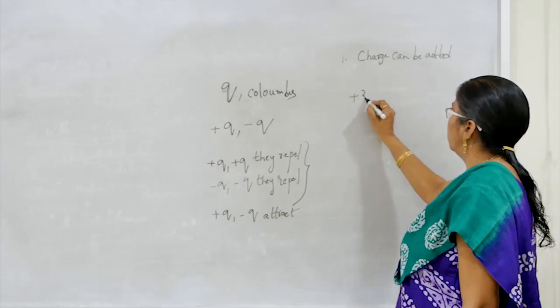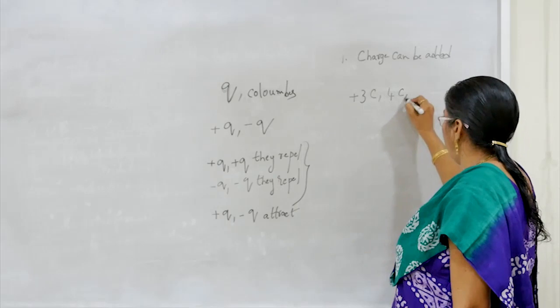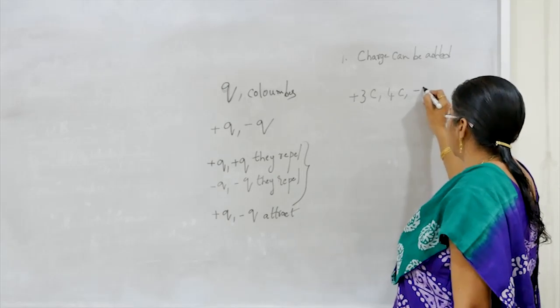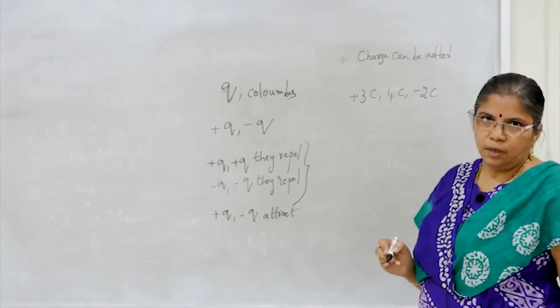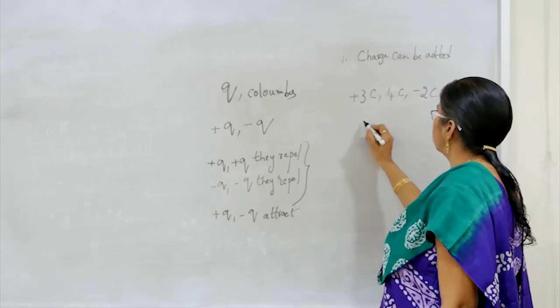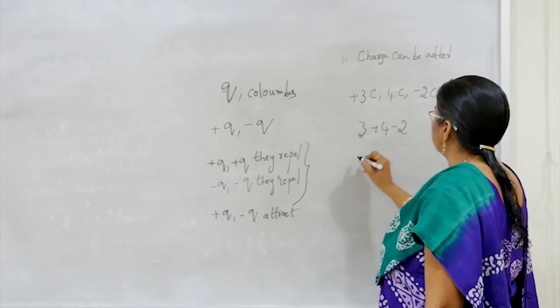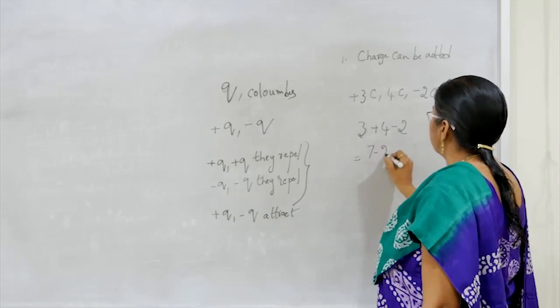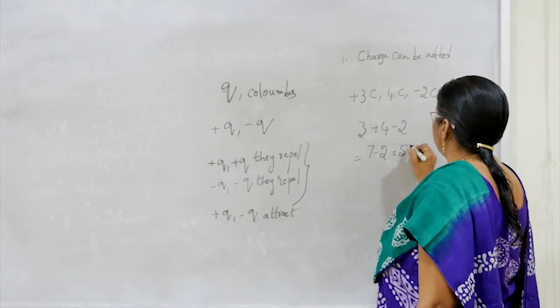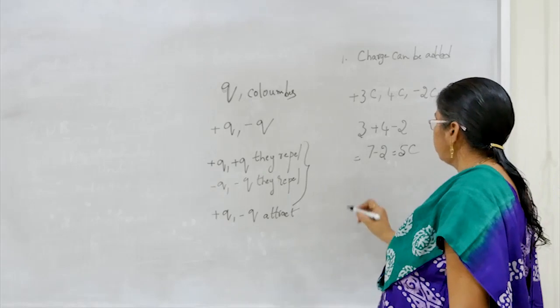One is plus 3 coulombs, another one is 4 coulombs, another one is minus 2 coulombs. So charges can be added means this: 3 plus 4 minus 2. So it is 7 minus 2, so that is 5 coulombs. This is the first property of charge.